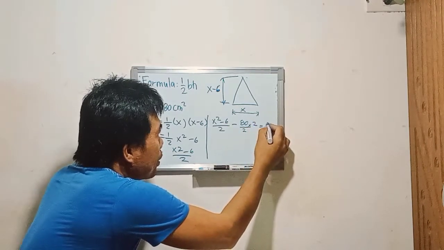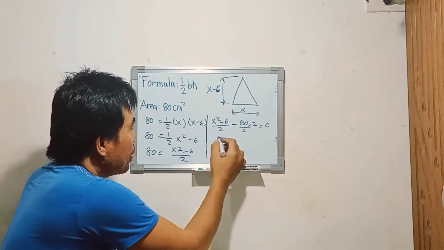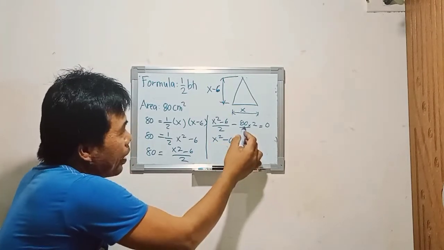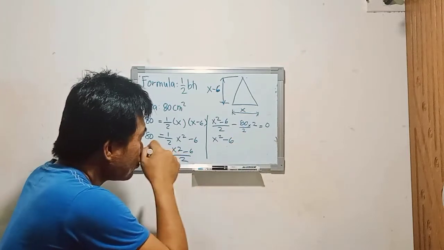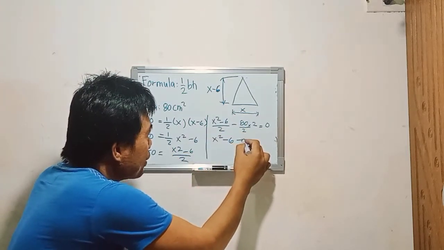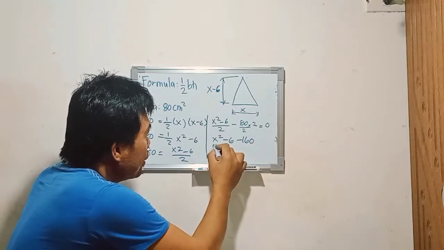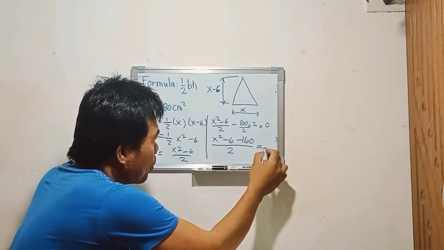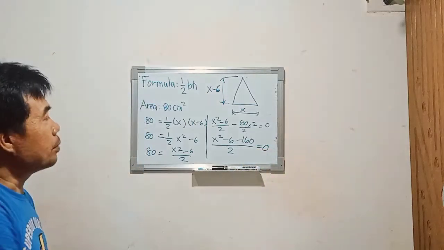Then we'll simplify. x squared minus 6x. 80 times 2 is 160 over 2. Since they have a common denominator, equals 0.